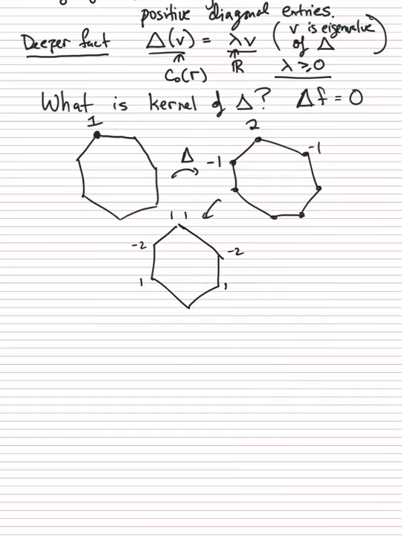Here we get 4, 2, 2. Okay, so we get -2, -2. So we end up with 6, 4, -4, 1, 1, -4. Okay, so you get some nicely oscillating values.